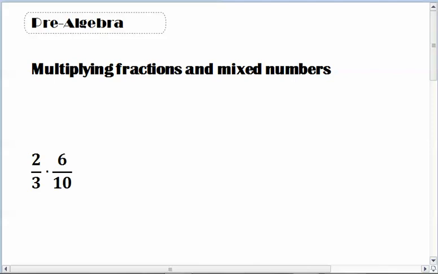The thing you do need to get in the habit of doing, though, is looking for ways to divide the top and bottom number by some common factor. For instance, you may remember this from your previous schooling. 3 goes into 3 one time. 3 goes into 6 two times.